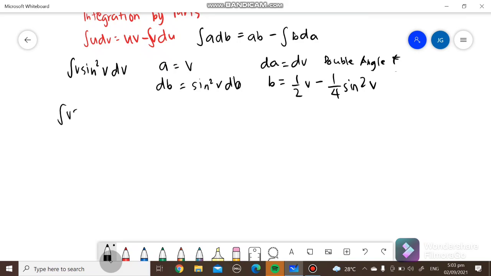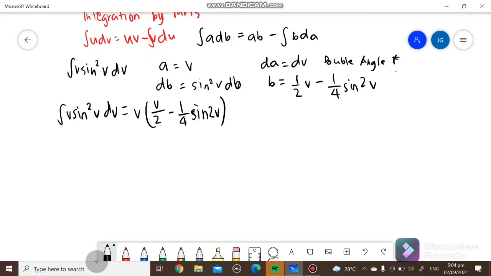So, we have the integral of v sine squared v dv is equal to a, which is v, and b, which is v over 2 minus 1/4 sine 2v. Ay, sine 2v pala, hindi siya squared. 2v pala. So, it should be 2v.